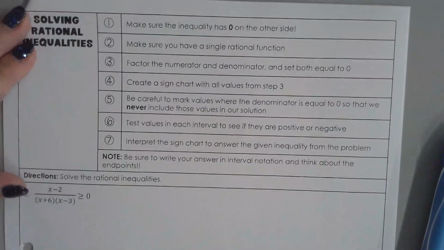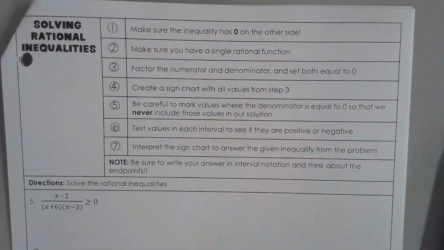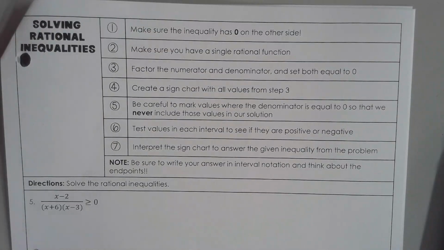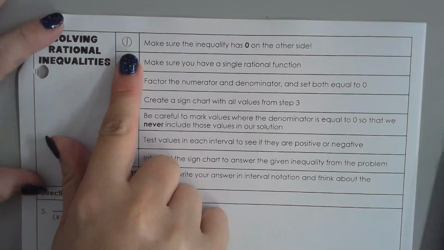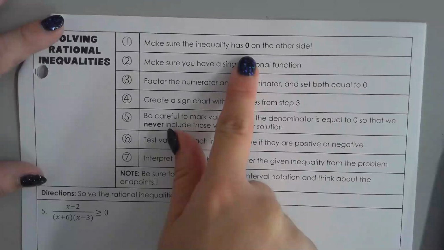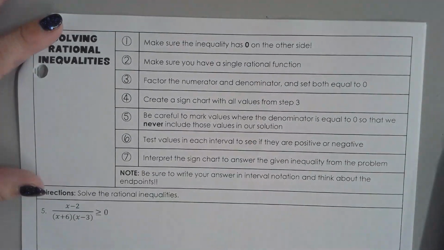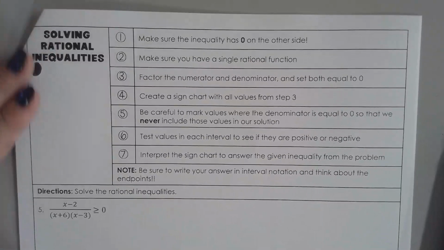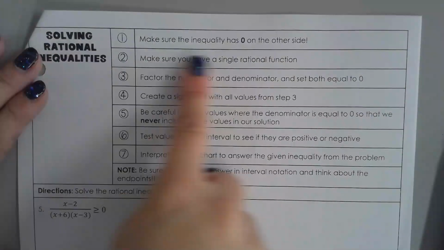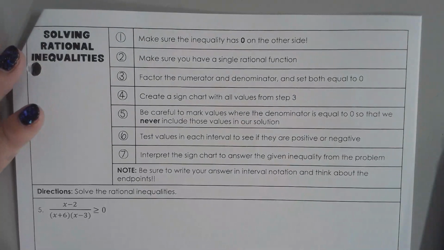Now we're going to do inequalities, which is what we did with polynomials. All right. So number 1. Make sure the inequality has a 0 on one side. So it's like less than 0, greater than 0. Make sure you have a single rational function. So make sure all you have is one fraction, greater than or less than or equal to 0.